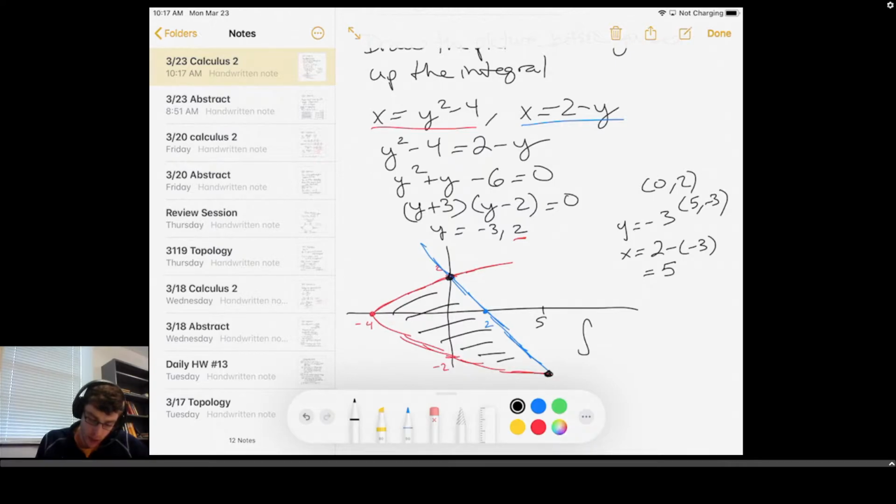So here we're going from negative 3 from your bottom up to 2, and then we have the one on the right, which is 2 minus y, minus the one on the left, which is y squared minus 4. And then that's dy. So again, the key is just draw the picture.